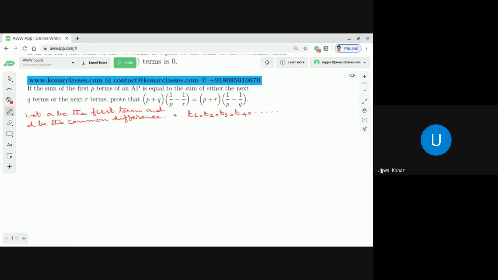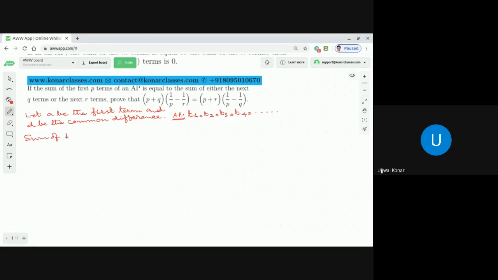This is our arithmetic progression. Dear students, please see the way I'm solving it, and also self-analyze where things went wrong and where you got stuck. That is very important. So the sum of the P terms is equal to the sum of the next Q terms, correct?